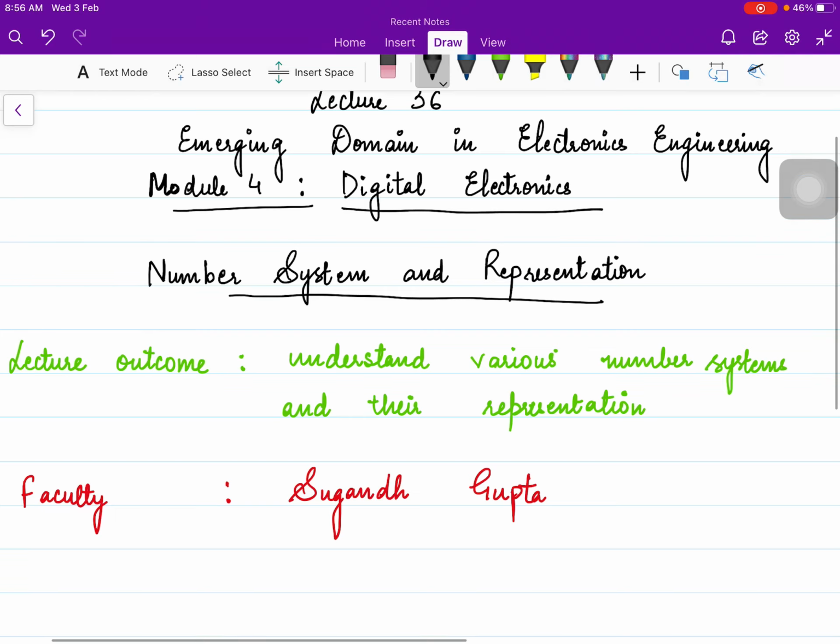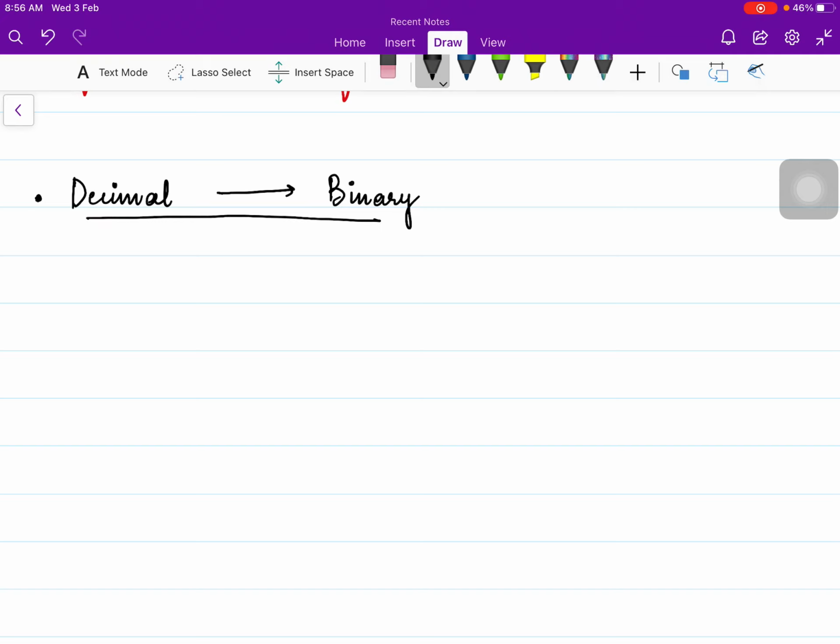First of all, let us start from the very basic number system, that is the decimal number system, and we will start with the conversion of decimal to binary. So decimal to binary is the first conversion that we are going to discuss.